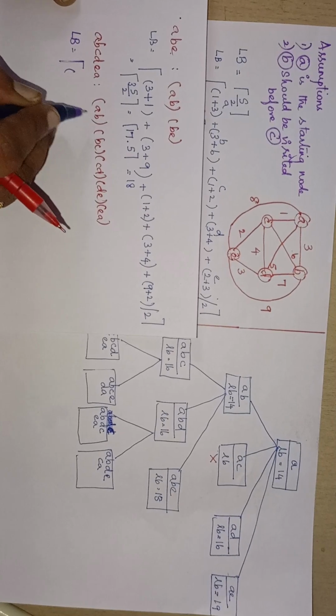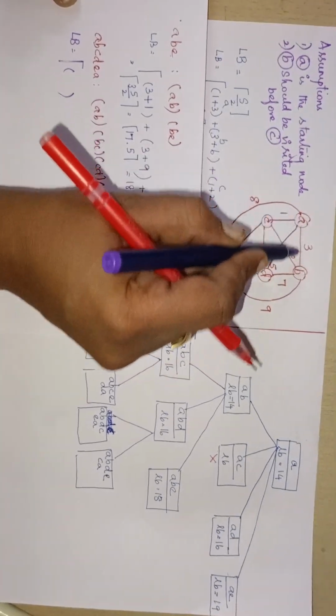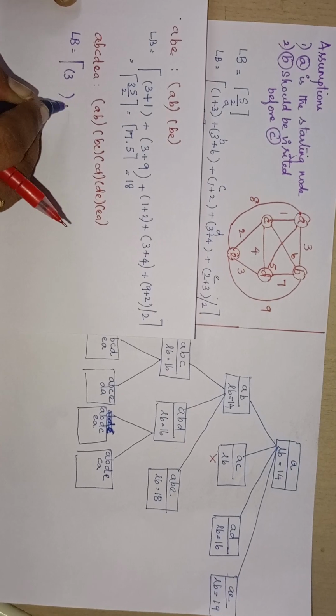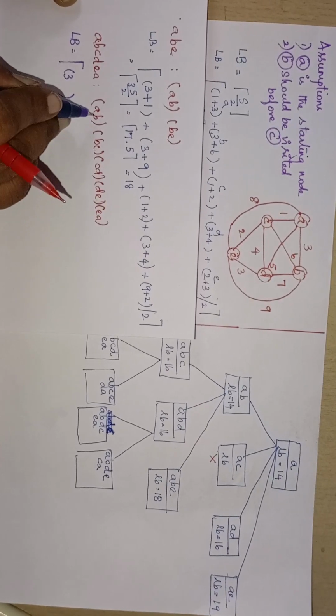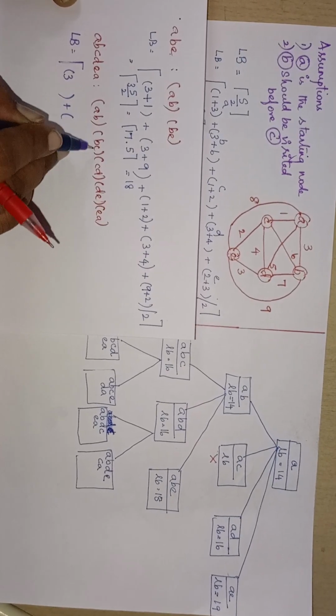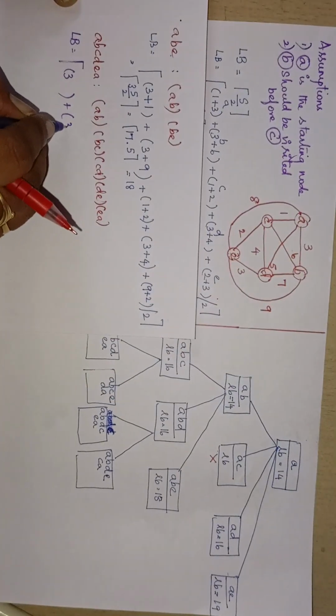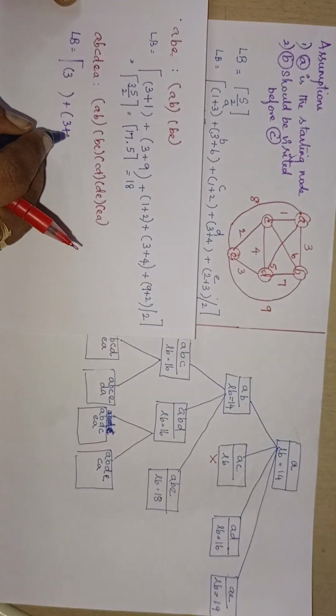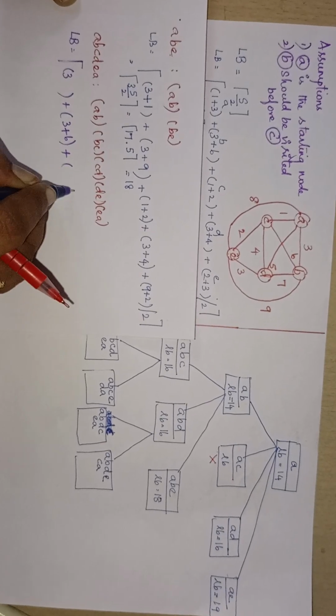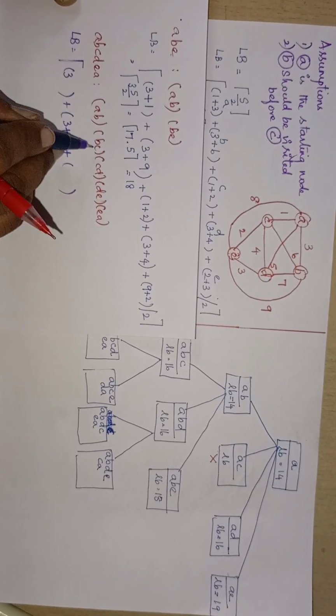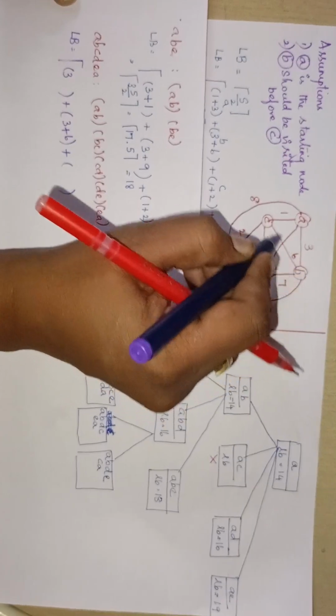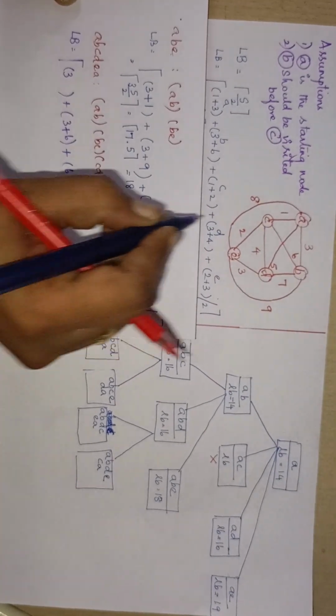For city A, definitely AB should be considered. So it is 3. For B, I have two edges, AB and BC. So AB is 3, BC is 6. For C, two edges should be definitely considered, BC and CD. So BC is 6, CD is 4.